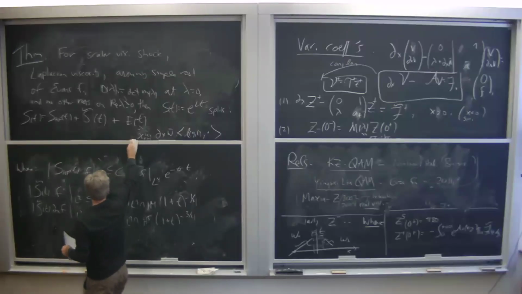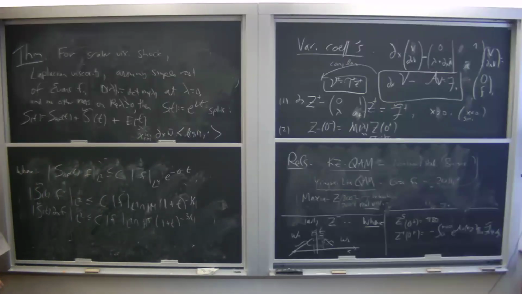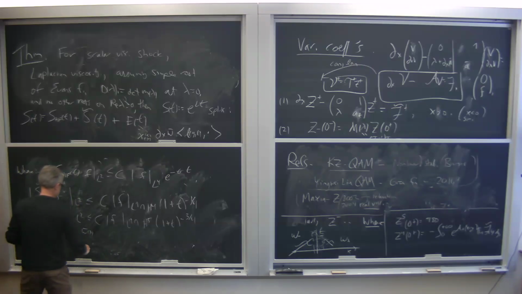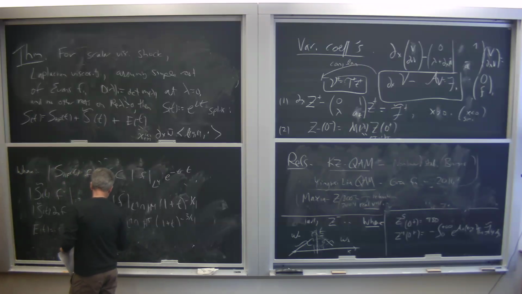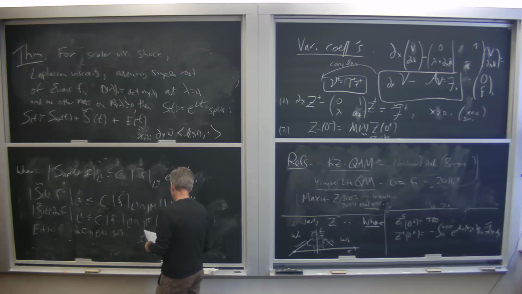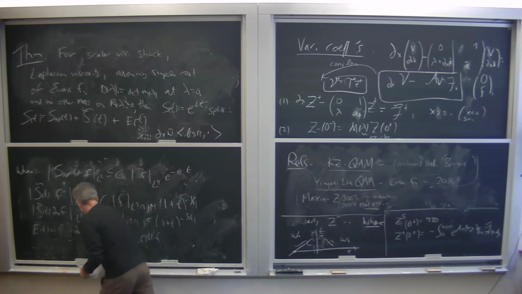And here, E of t is defined as little e of t times dx W bar of x, sorry, dx W times little e of t satisfies E of t F. Let me be careful here.